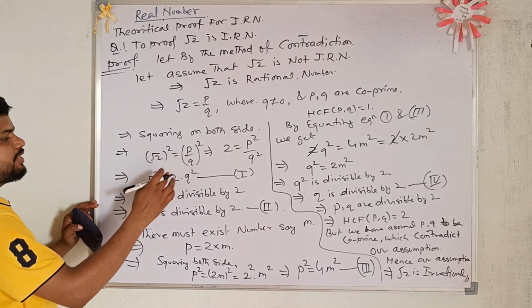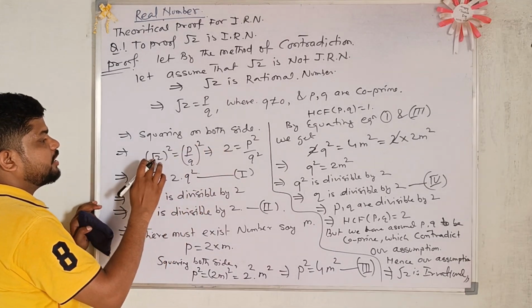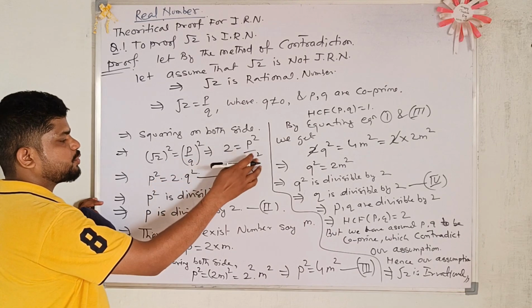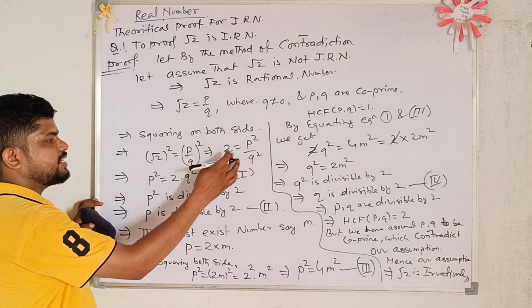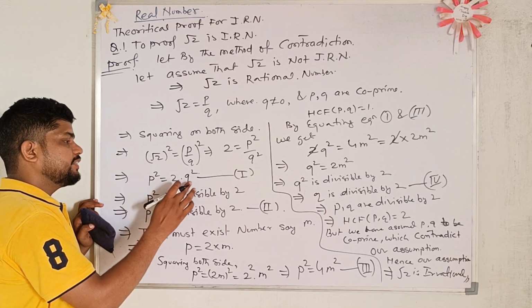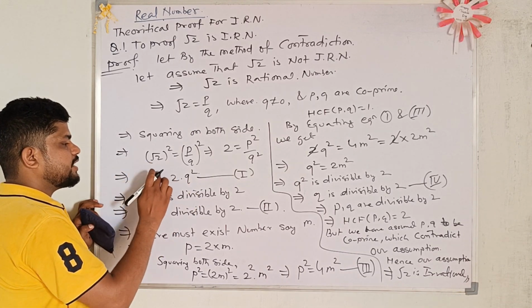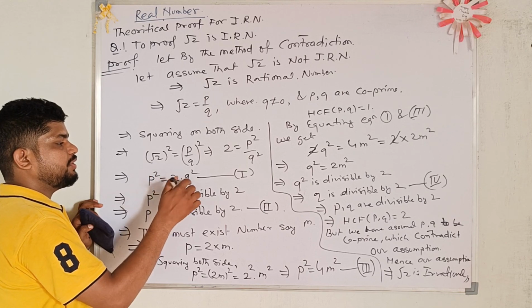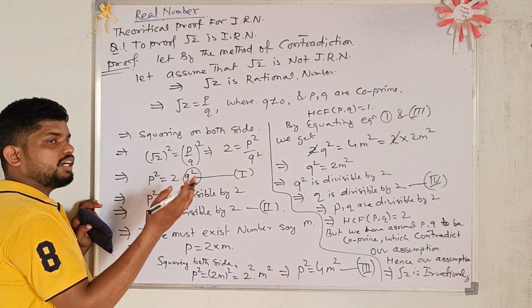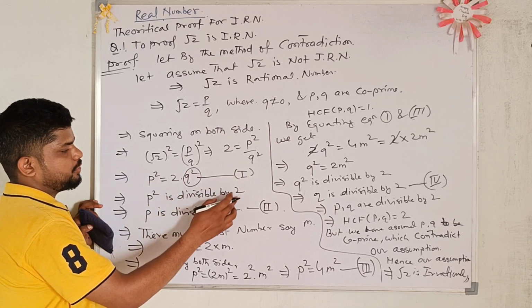So we get 2, the square of root 2 being just 2, equals p square upon q square. When we transpose, we get that p square is 2 into q square. This shows that p square is a multiple of 2, so ultimately p square is divisible by 2.